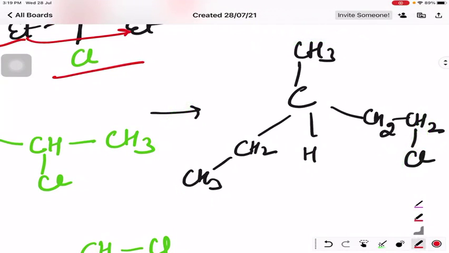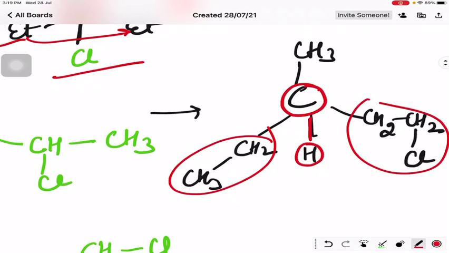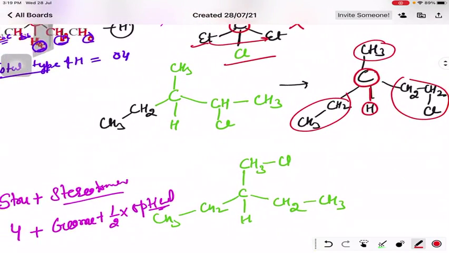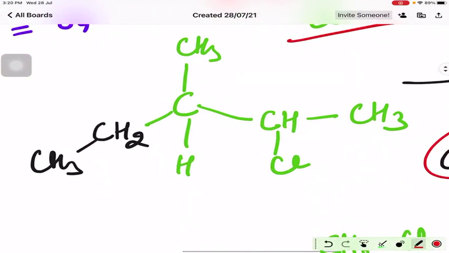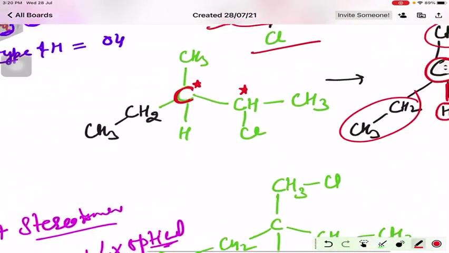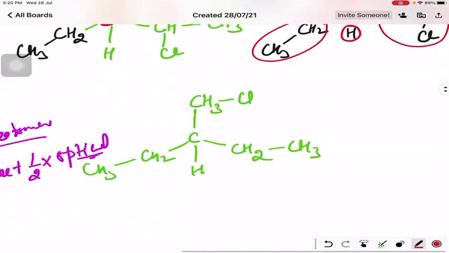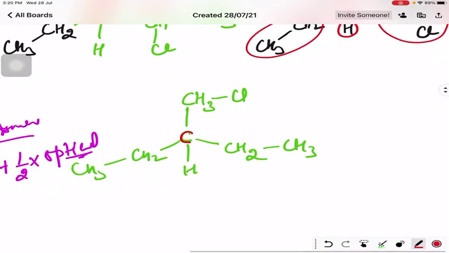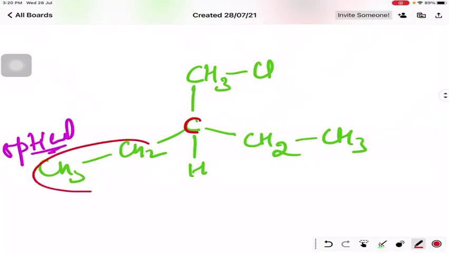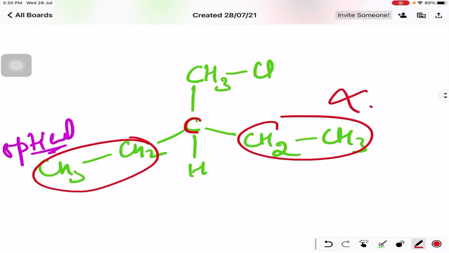Yes, it is chiral, because this carbon is attached to 4 different groups: 1, 2, this is different and this is different group. And in this case, this center is a chiral center. Again, it has 2 chiral centers. And then we have this compound where it again has similar groups attached, so it is not chiral.